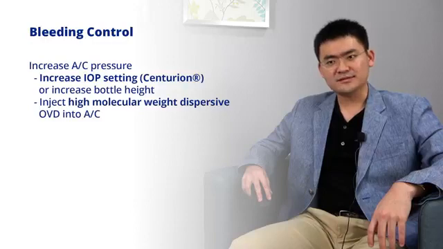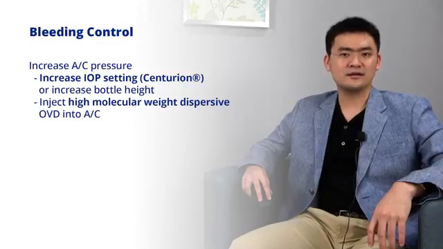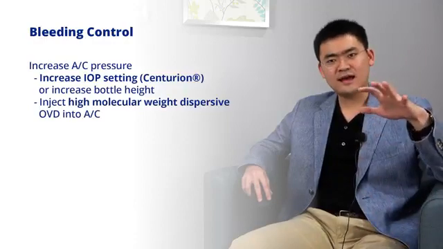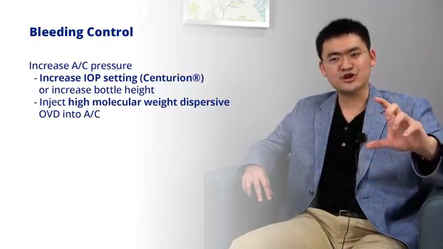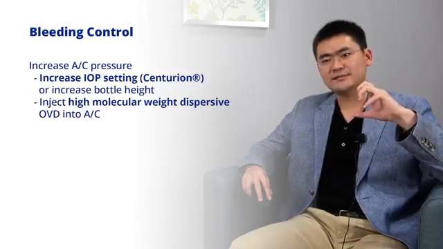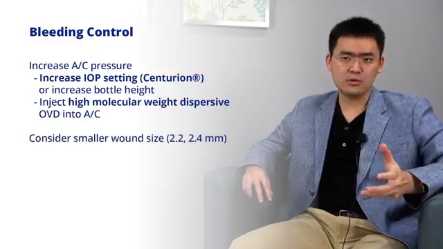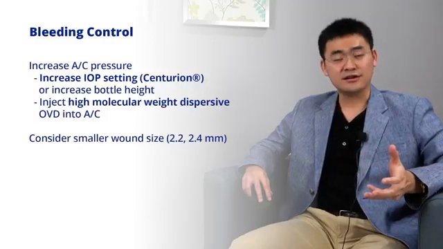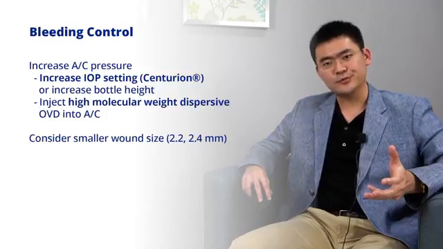For my preference, I prefer a high molecular weight dispersive OVD because it can push the lens-iris diaphragm back, increase the pressure, is hard to leak out from the eye, and can stop the bleeding. Consider a smaller wound size that can limit bleeding, increase the IOP and limit bleeding too.